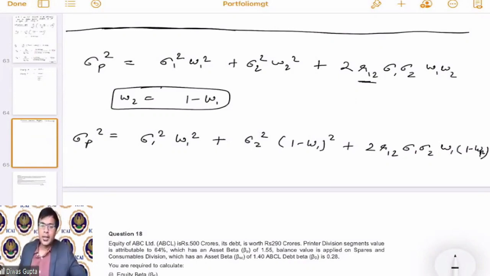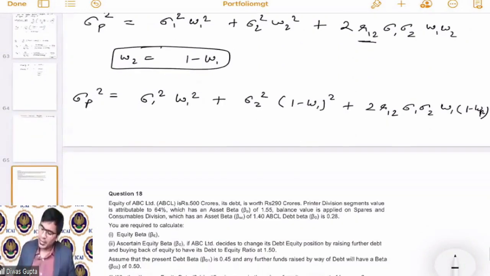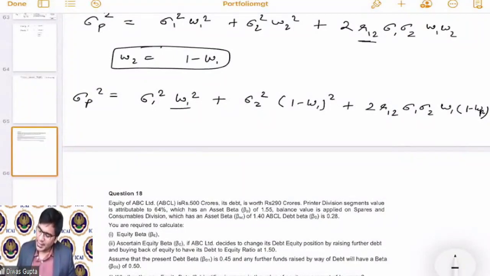Okay, so this is the formula that I have rewritten. Students, please don't note this or prepare for this, because this is just a derivation of the formula. Now everything is in W1. So if you see in this equation, W1 is our variable, and the rest of the things are constant.